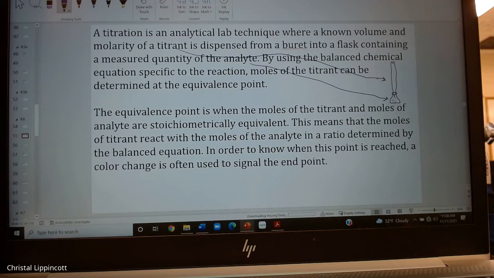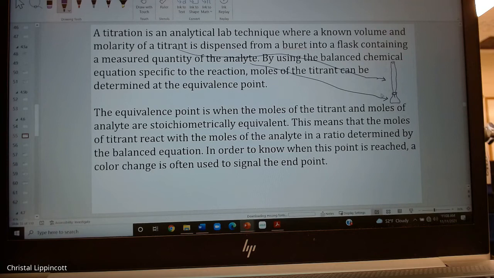Now, the beauty with the lab that you did when you did this in honors chem was if you overshot the end point, you could go back and you could recover. The lab that we're doing on this now, there is no recovery.